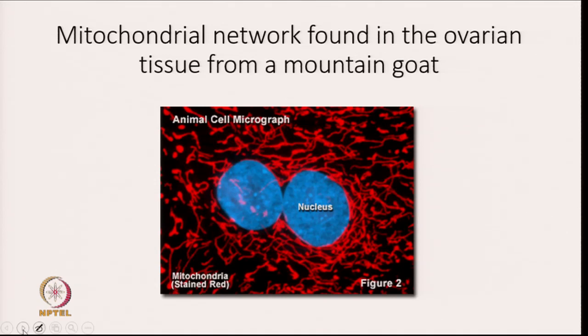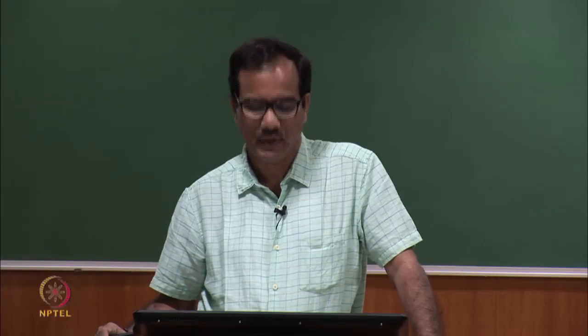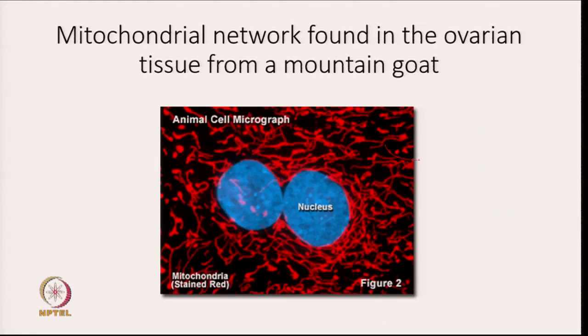Now, this is another image taken from fluorescence microscopy, in which a mitochondrial network was found in ovarian tissue from a mountain goat. The red is the mitochondrial network and the blue is the nucleus.